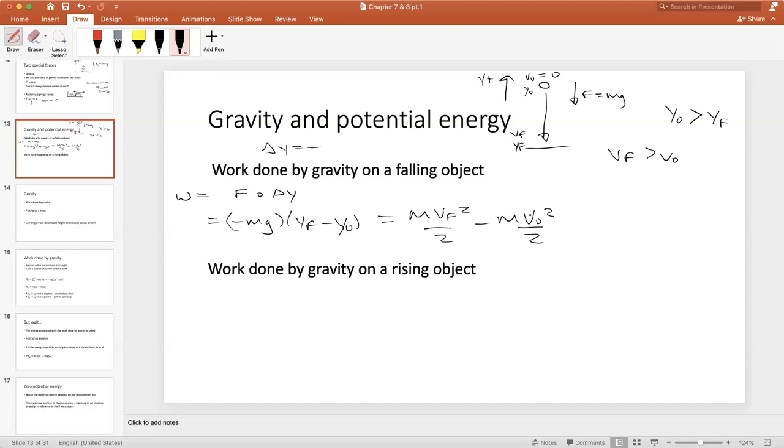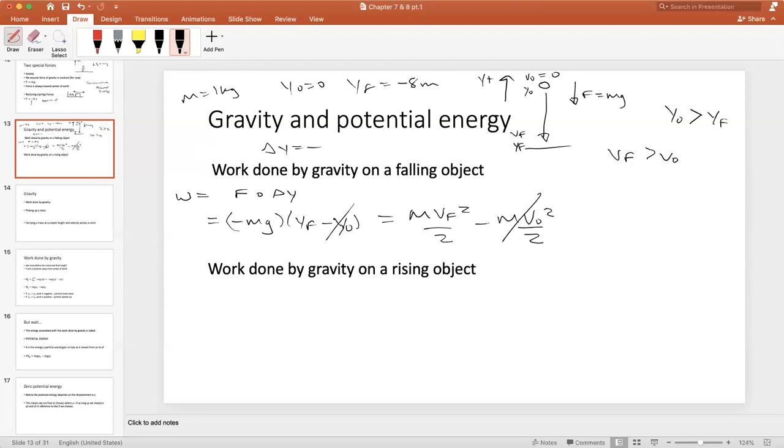Okay. Let's take this one more step further. We know that it fell from rest, so v initial is 0. Let's say that y initial is 0 and y final is negative 8 meters. And let's say our mass is 1 kilogram, just to make it easy.